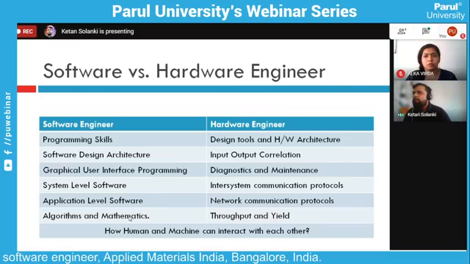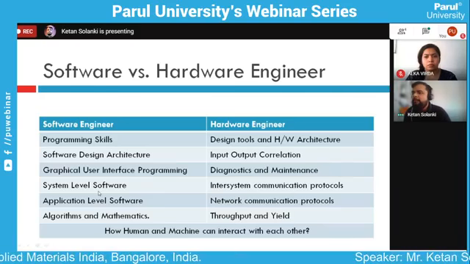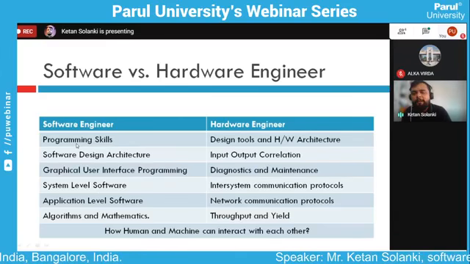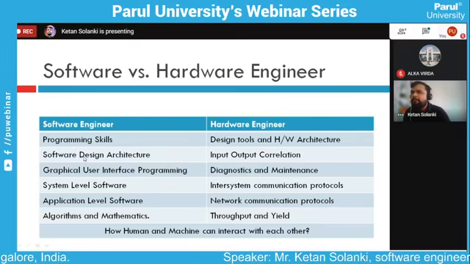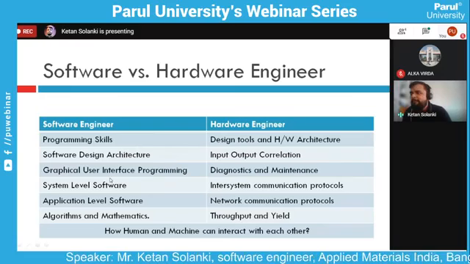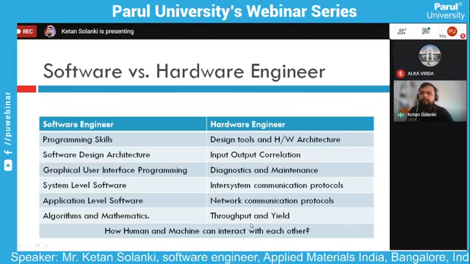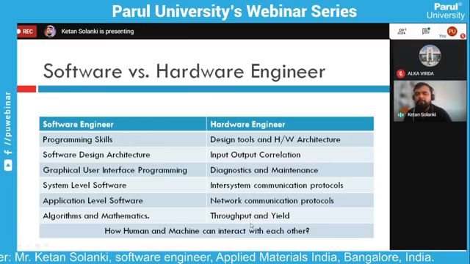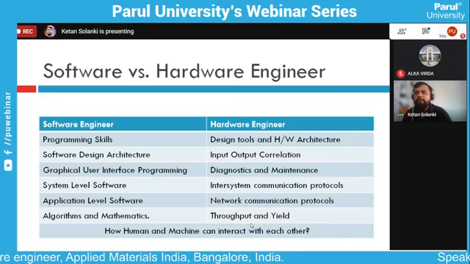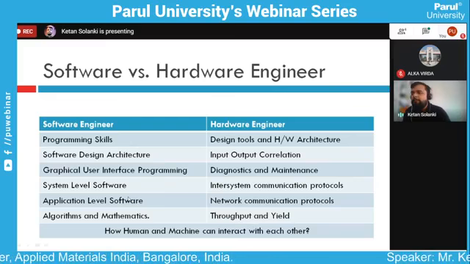So if we think about this graph, the chart, for example the programming skill, we cannot say this programming skill should be known by the software engineer only. Whatever points I have put here are essential to know for a hardware engineer as well as a software engineer. So software and hardware as an engineer together, it should have an integration of all the knowledge.